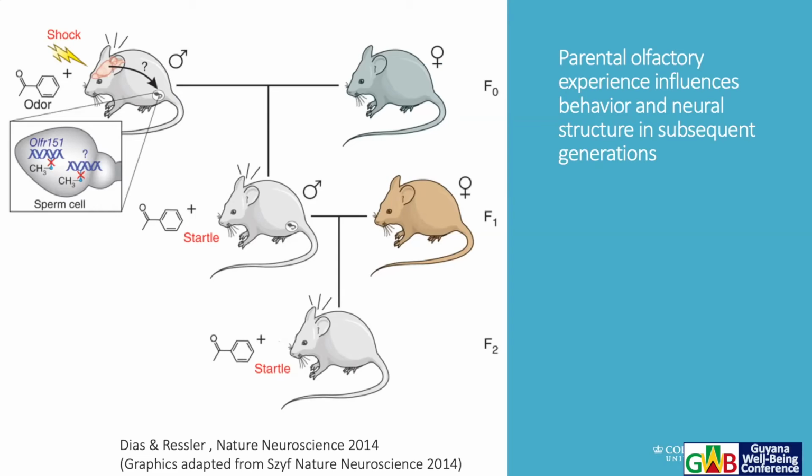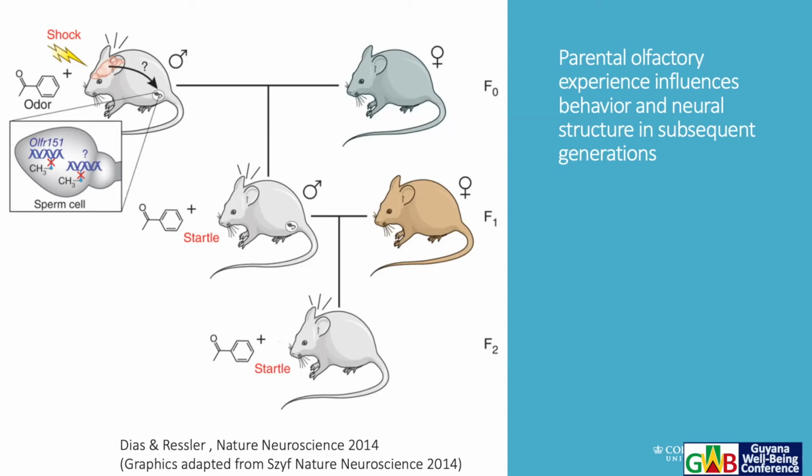They used an odor that smells like cherry blossom, very neutral, nothing that a rat would have any reason to worry about. Fear conditioning is a very simple experiment that's been around for a long time, where you give the rat a cue, like a cherry blossom smell, and then you give them a very unpleasant experience, in this case an electric shock.